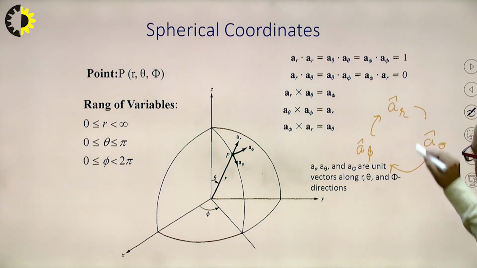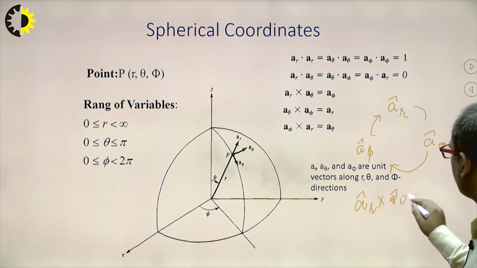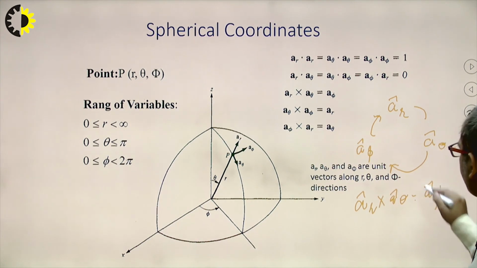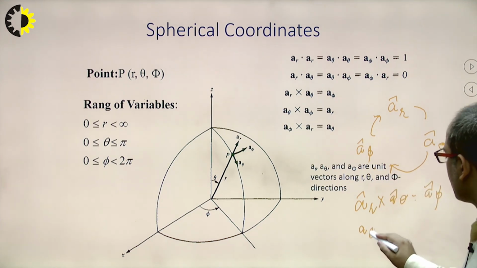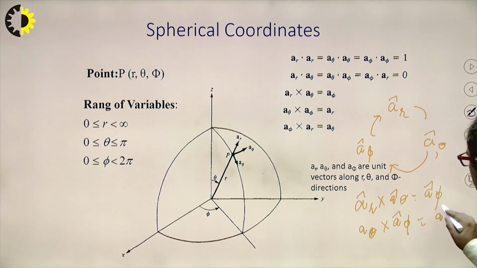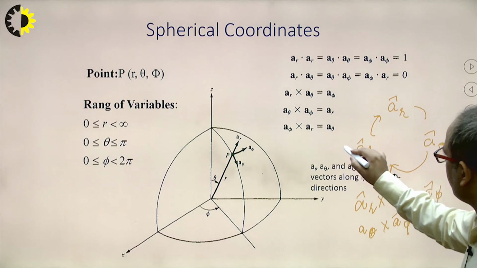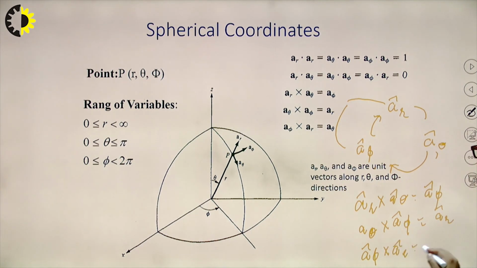Then a cap r cross a cap theta will be a cap phi, a cap theta cross a cap phi will be a cap r, and a cap phi cross a cap r will be equal to a cap theta.